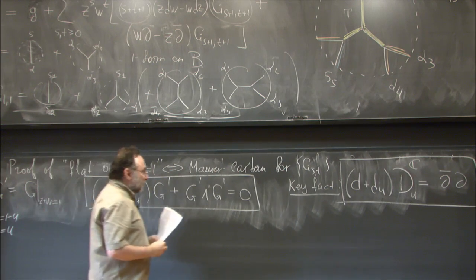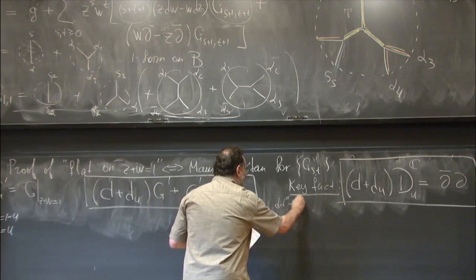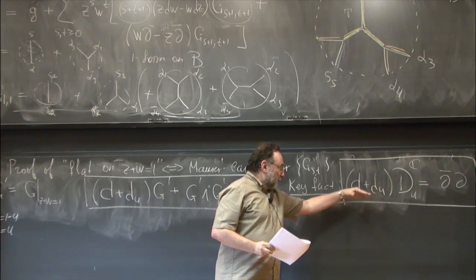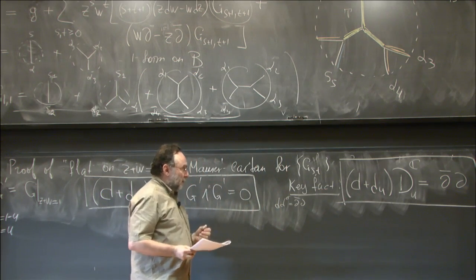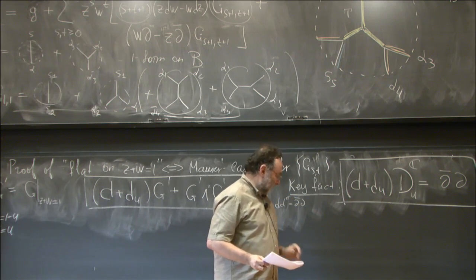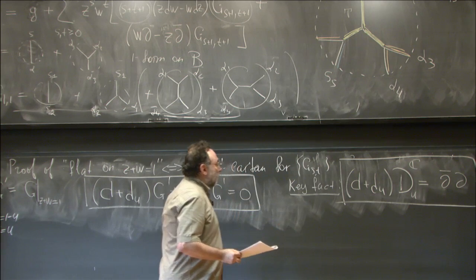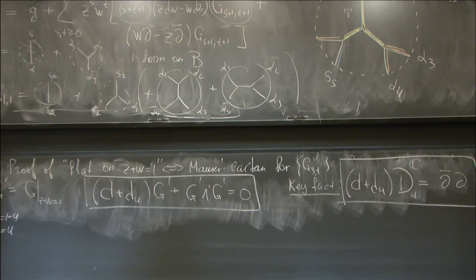So it plays the same role. Usually you have the formula that ddc is d bar d. And I claim that a similar formula is true when you incorporate the twistor line. It's an easy check. But if you do it on the whole twistor line, this is very much not true. This is true only on z plus w equal to 1.